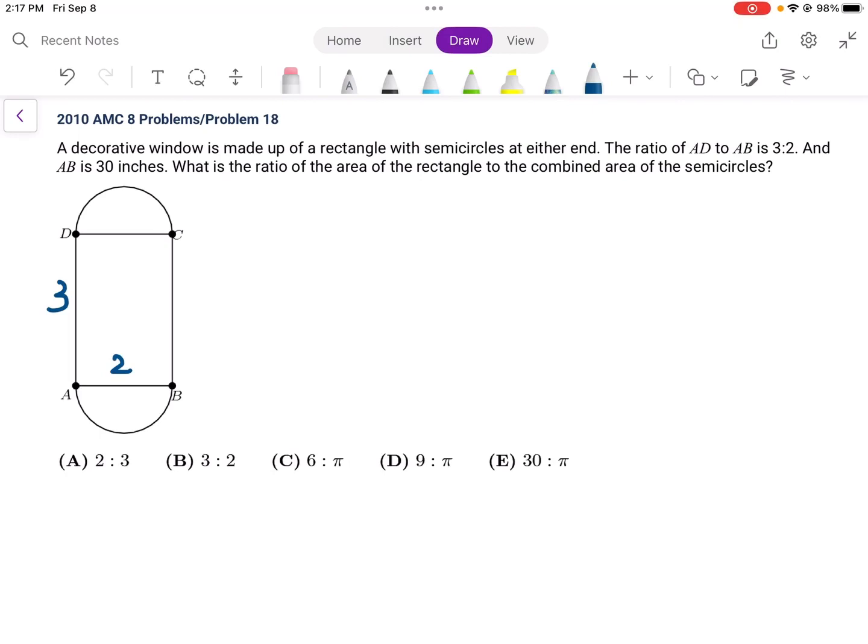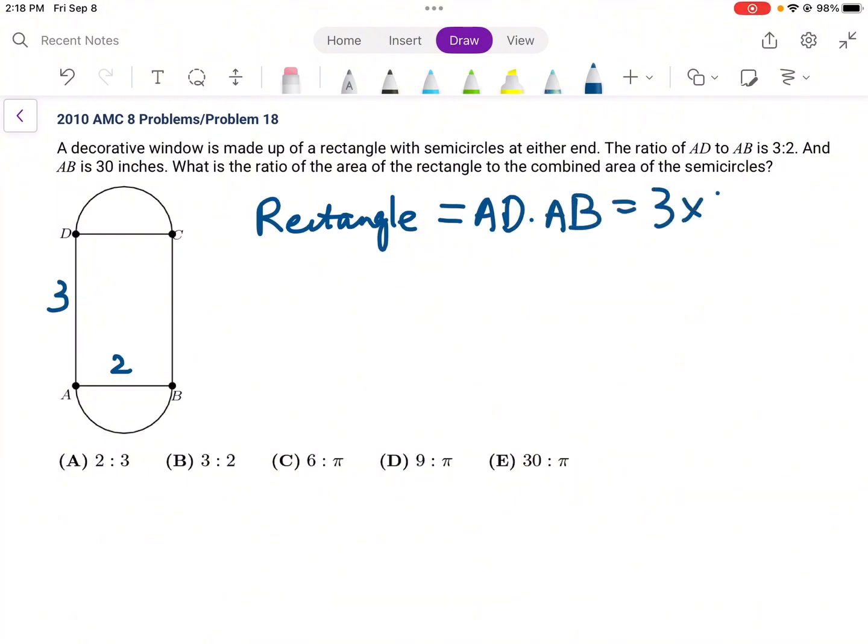In this case, the area of the rectangle equals AD multiply AB equals 3 multiply 2 equals 6.